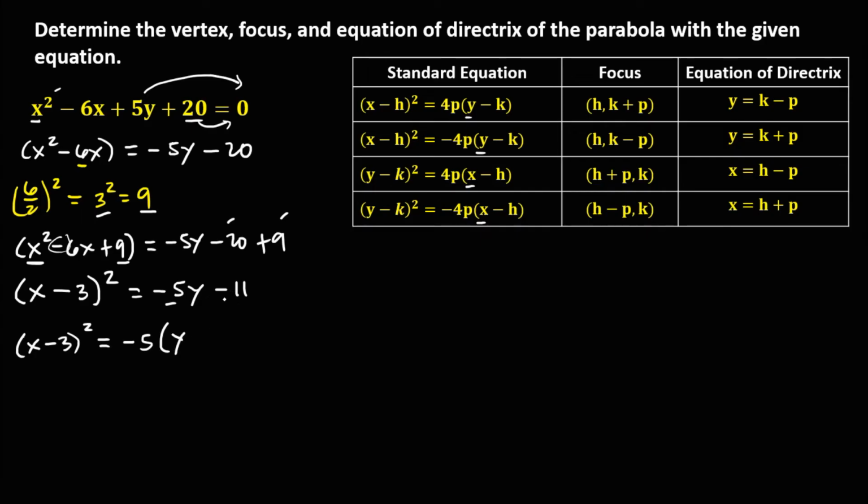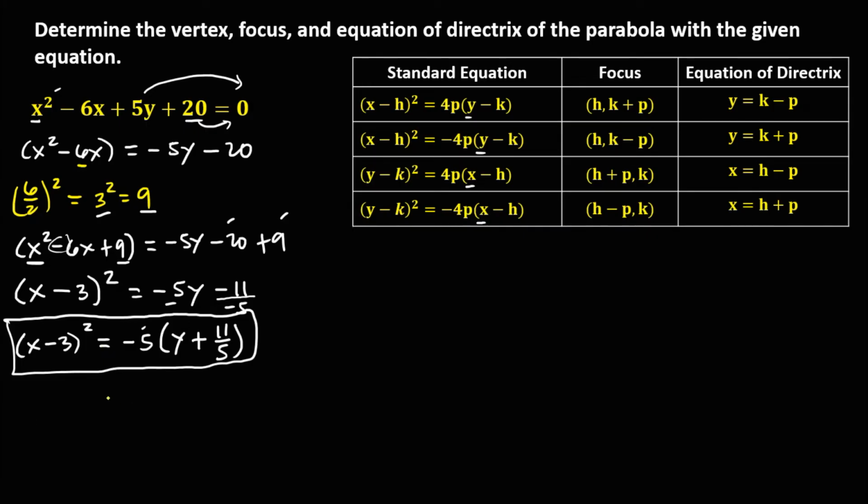And for this negative 11, we need to divide this negative 11 by this negative 5. So negative divided by negative, that's positive, and this 11 over 5, so just bring down, so that's 11 over 5. So this is now the standard equation.